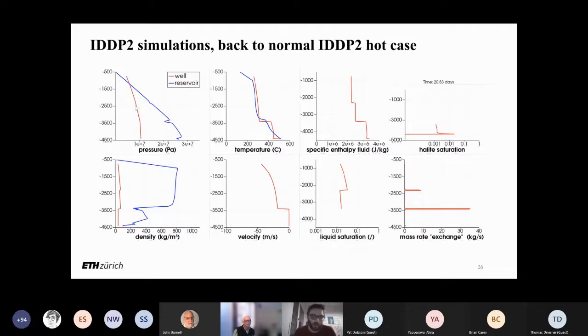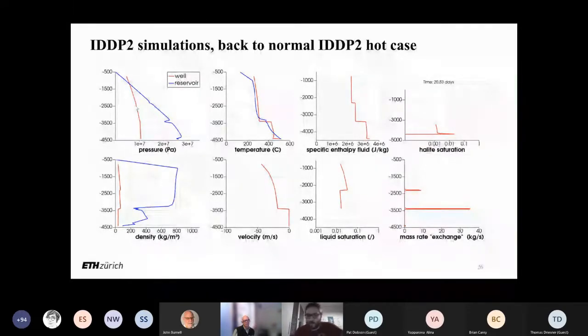So overall, we come back to the normal case with all the feed zones having the right permeabilities and none of them being disabled or anything. And this is the odd case. So this is what we might expect in a few years from now, once the formation has warmed back up to its initial configuration.